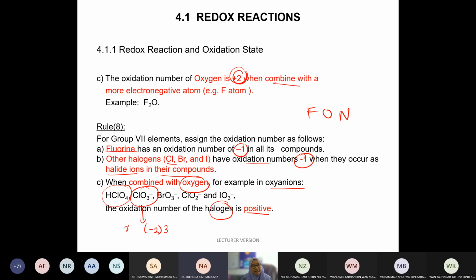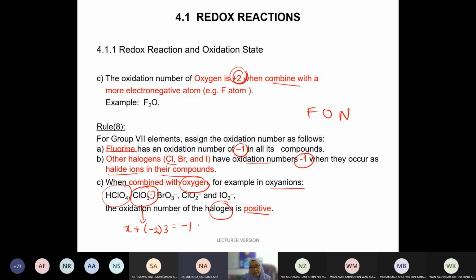Okay, Cl kita tak tahu, assume that we don't know whether it is positive or negative oxidation number kan. So X plus negative 2 because it is an oxide. Okay, and then we have 3 oxygen atom in there. And then the charge is negative 1. So that the overall oxidation number for ClO3 minus is negative 1.